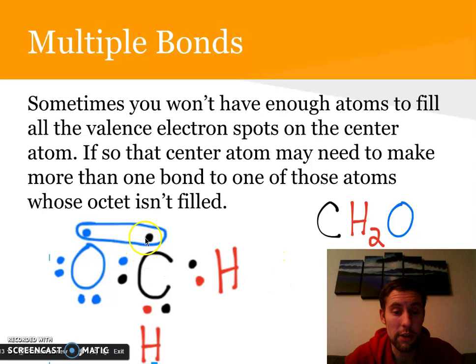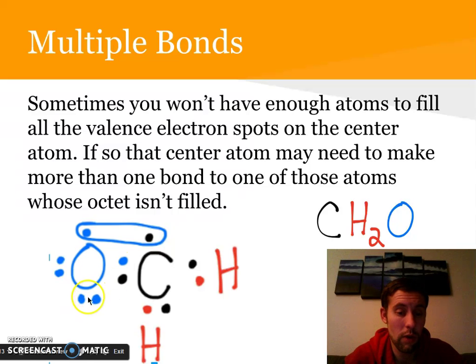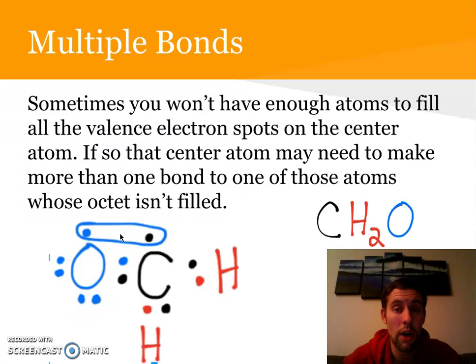So now this carbon gets to use these 2 electrons for 2, these 2 for 4, these 2 for 6, and these 2 gives it 8. That's a full octet. Same way oxygen uses these 2, 4, 6, and these 2 is 8 because they're sharing all 4 of those electrons. So they all have an octet now. They're all happy, they're all content. That makes a legit Lewis structure.